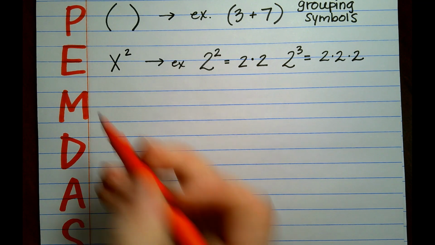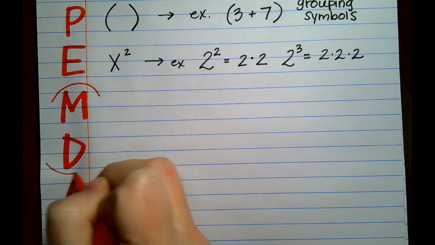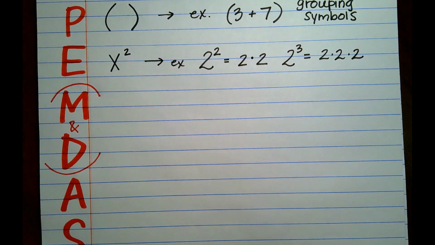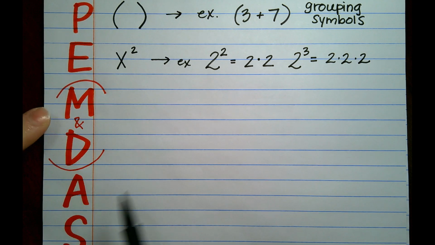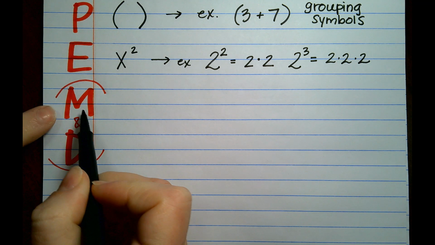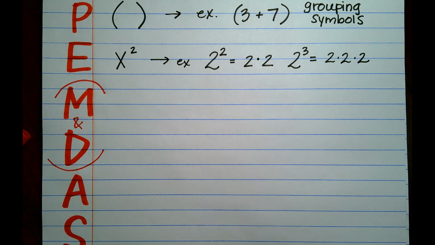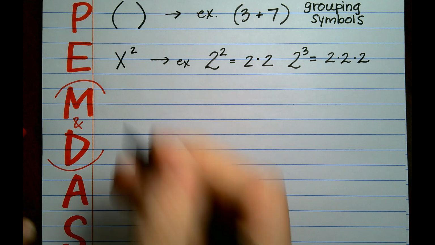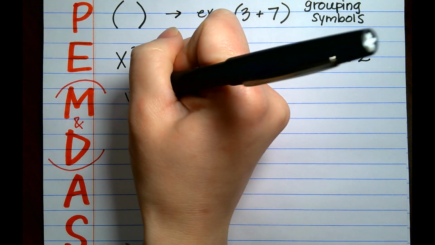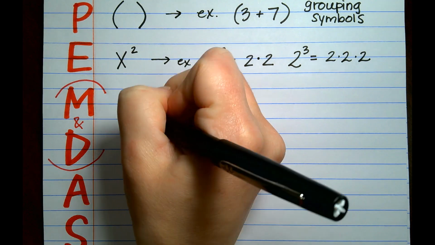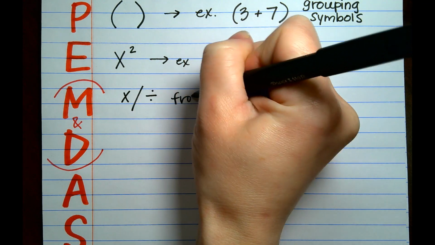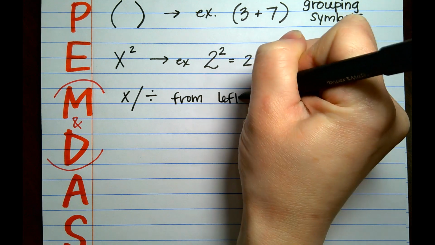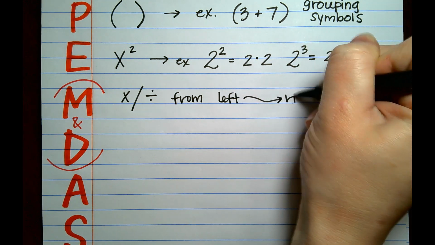Now, the M and the D are grouped together. So I'm going to write M and D. Because we're not doing multiplication first and then division, we're actually doing multiplication and division from left to right.